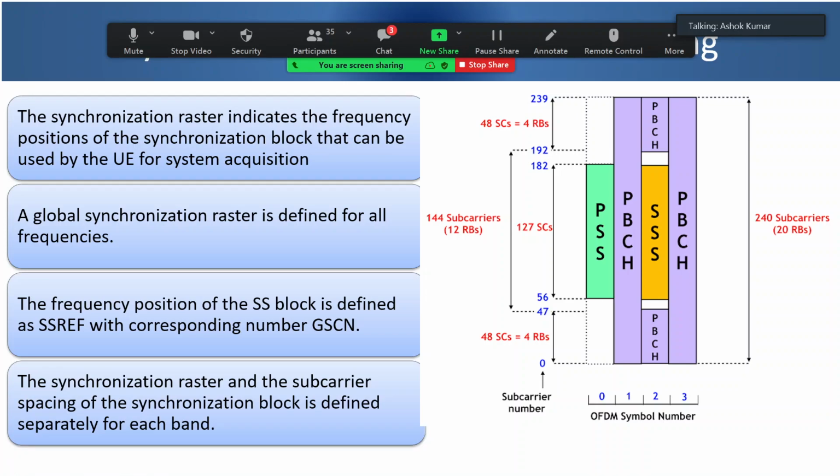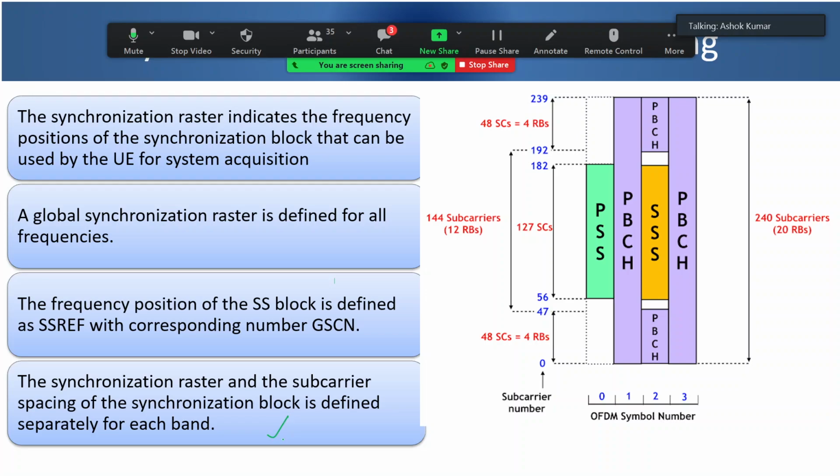Now the next important aspect is which subcarrier spacing these SS signals will be using, because your device does not know. The subcarrier spacing is also predefined for the SS block for each frequency band separately in the specification, and it is already known by your device, right?